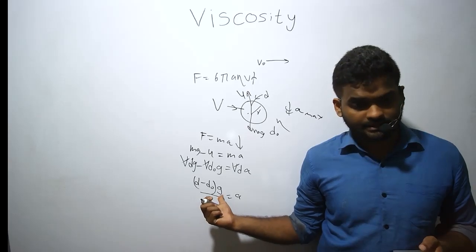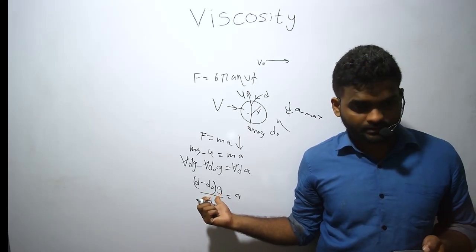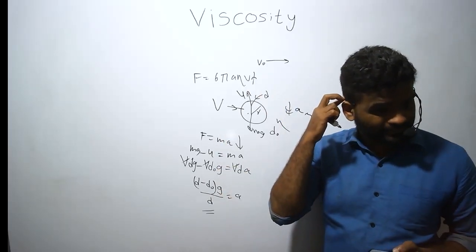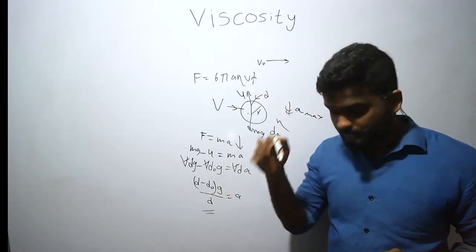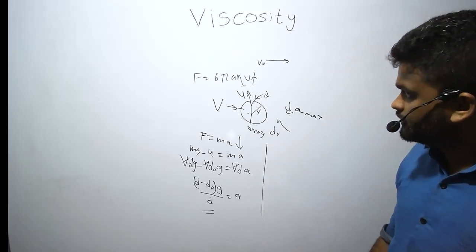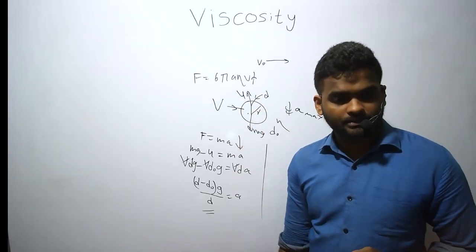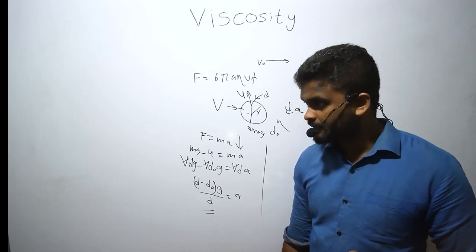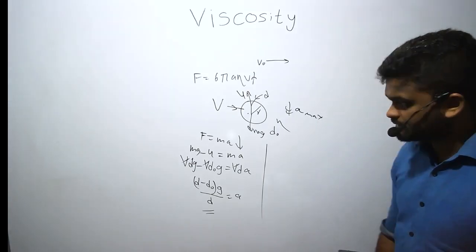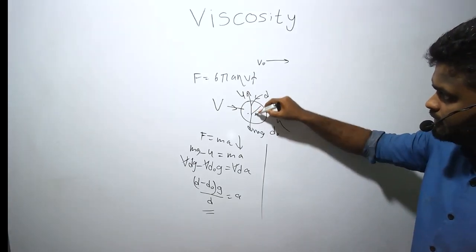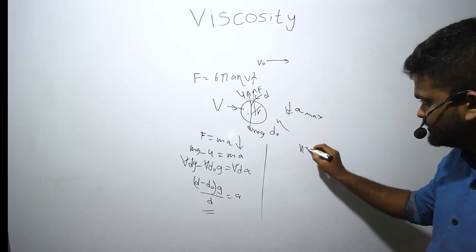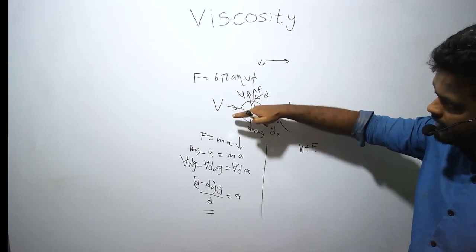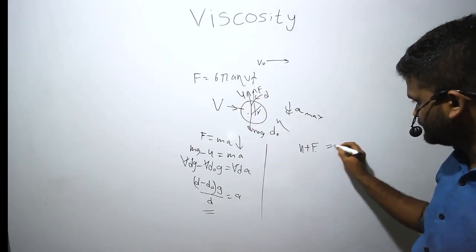Okay, then they ask the terminal velocity, 38. Try 38. For the same scenario, they ask us terminal velocity. Get an expression for terminal velocity. So at the terminal velocity, what happens? U plus F, this comes to equilibrium, right? Forces upwards equals forces downwards.